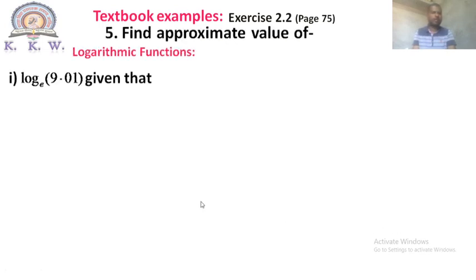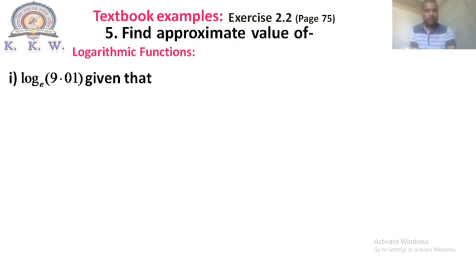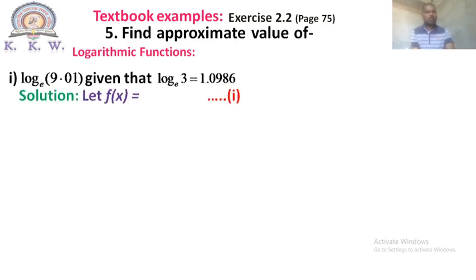Find approximate value of log 9.01 to the base e, given that log 3 to the base e is 1.0986. For this, we define the function f of x as log of x to the base e.